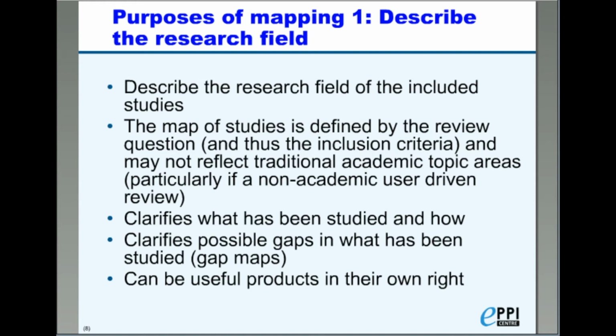So we said, well, maybe it's a bit premature to do a synthesis. Maybe we should just describe the research field for you. So do a systematic map and just stop at that point and not do a synthesis. And because it was a complicated issue in question, we did even some primary research.